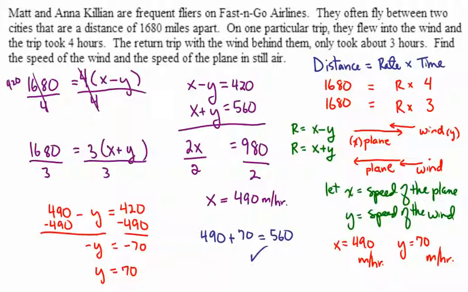Going, the wind is against the motion of the plane, so we're going to have x minus y as the net speed. Coming back, the wind is blowing in the same direction as the motion of the plane, so we'll have x plus y as the net speed of the plane. And then we can set up our equations and solve for x and y. So that'll do it for this.